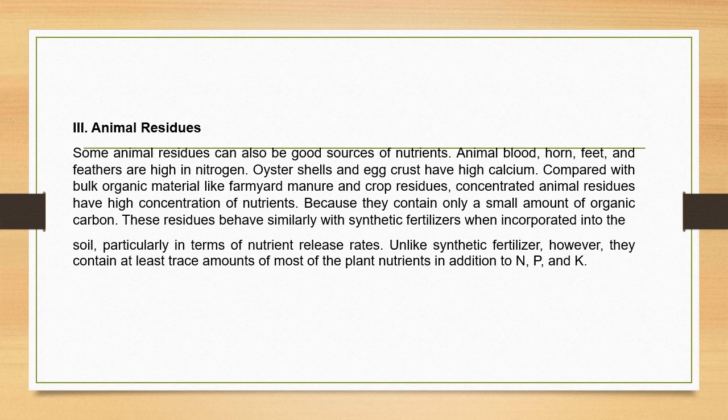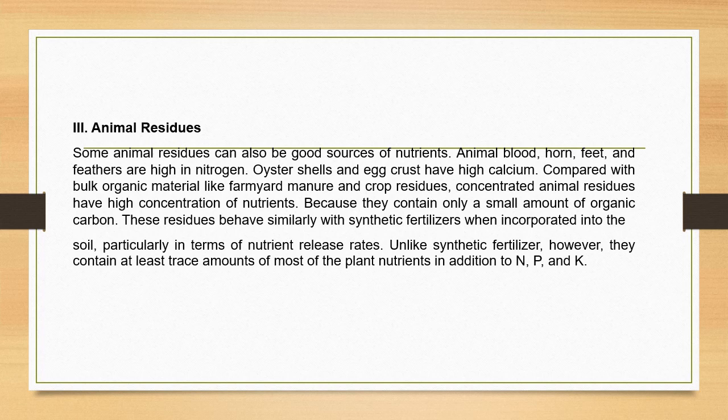Third is animal residues. Some animal residues can also be good sources of nutrients. Animal blood, horned feet, and feathers are high in nitrogen. Oyster shells and egg rust have high calcium, compared with bulk organic material like farmyard manure and crop residues.